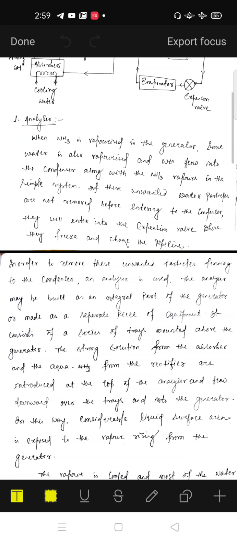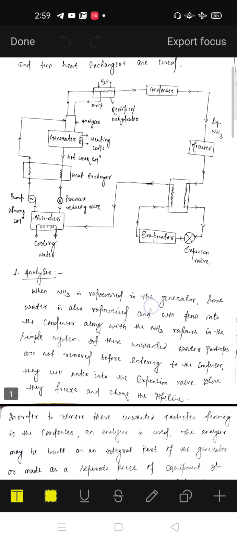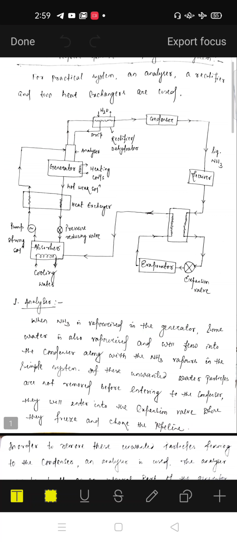So in order to remove these unwanted particles flowing to the condenser, an analyzer is used. Understood the function of the analyzer? To stop the unwanted water particles from moving to the condenser, or to stop the choking of the pipe, the analyzer is used.